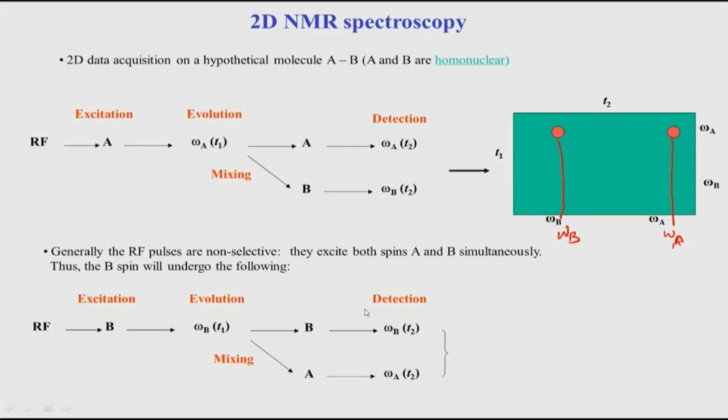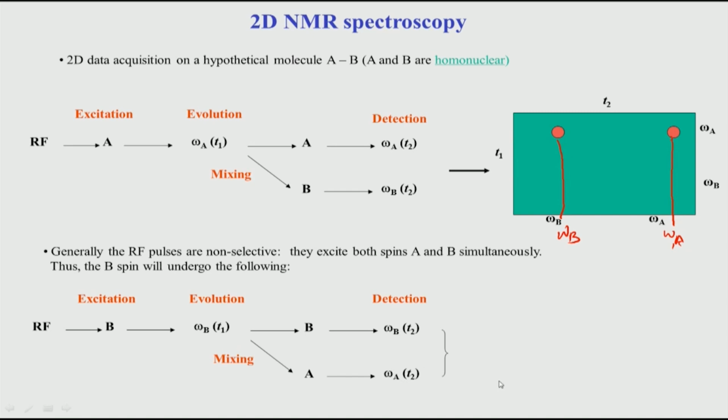So, after the second pulse, when we actually detect the signal, the B which remains on B, which did not get transferred to A, will get excited and will start evolving with the frequency B during T2. And the transfer which goes to A now gets excited as A, and will oscillate with the chemical shift of A.